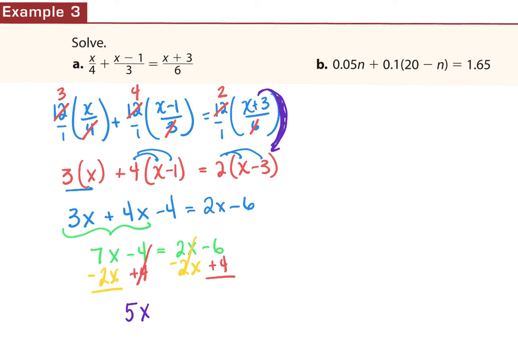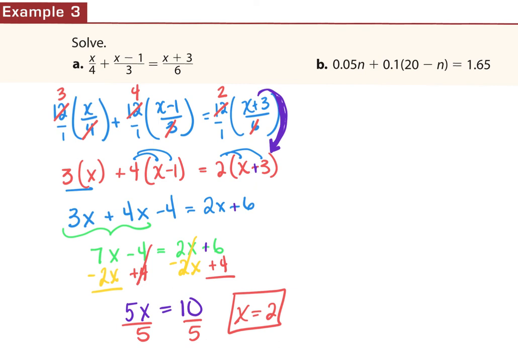Yeah, this should be a plus. This should be a plus. That should be a plus. There we go. 6 plus 4 gives me 10. All right, and then we're going to divide. So what is my x here? 2. Much easier than if I had dealt with fractions the whole way down, right?